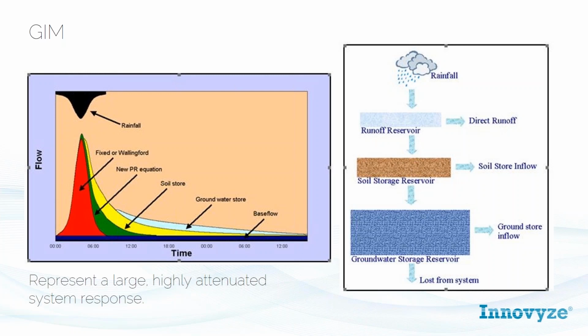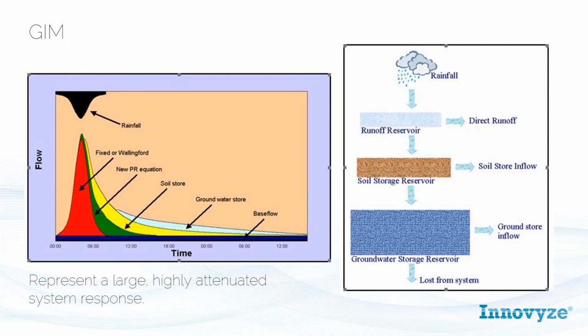The GIM, or groundwater infiltration module, within InfoWorks has two storages. In the graph on the left-hand side, there's the soil store, which is that yellow band, and the groundwater store, which is the light blue band. Traditionally people think of the groundwater component of wet weather inflow and infiltration as purely the slow response.